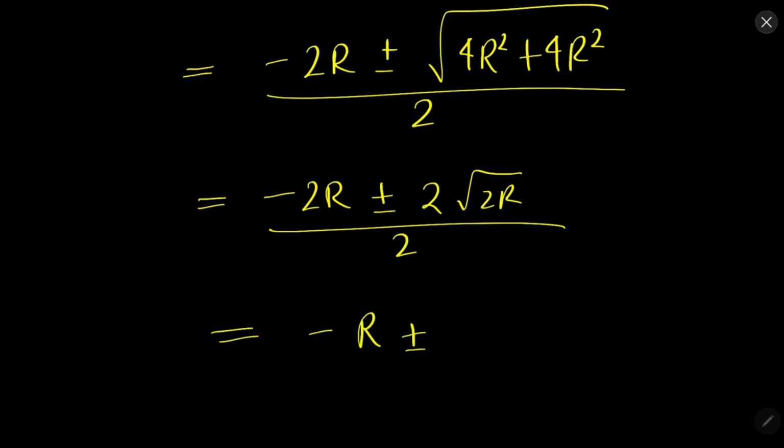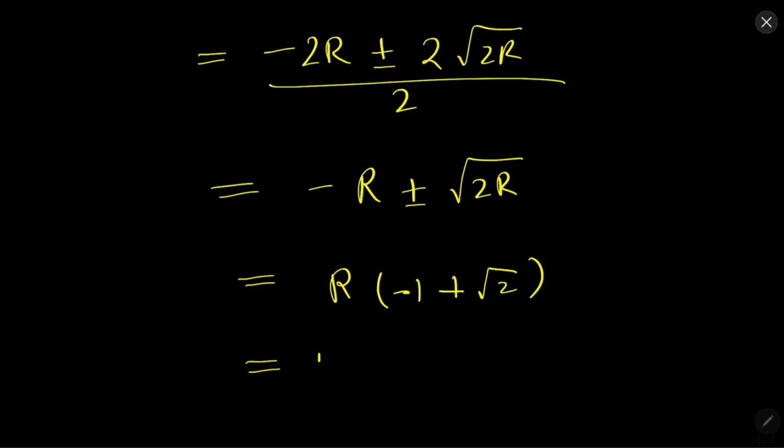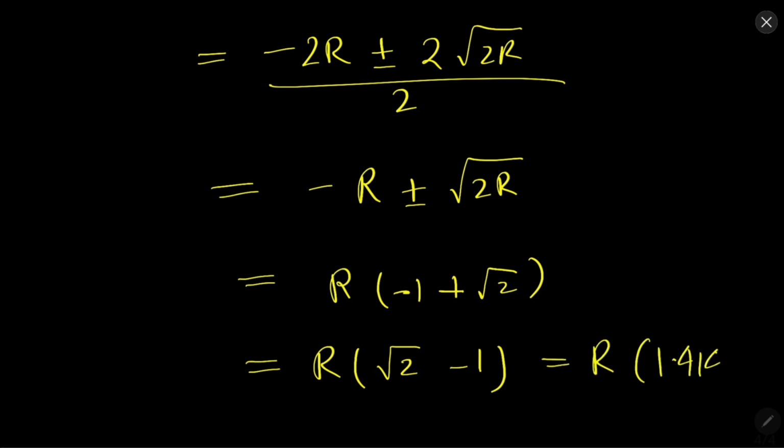So minus r plus minus root 2r. This is what we have now. Let's take r common, so we will have root 2 minus 1 plus root 2, or you can write r (root 2 minus 1). So r into 1.414 minus 1, so r into 0.414.